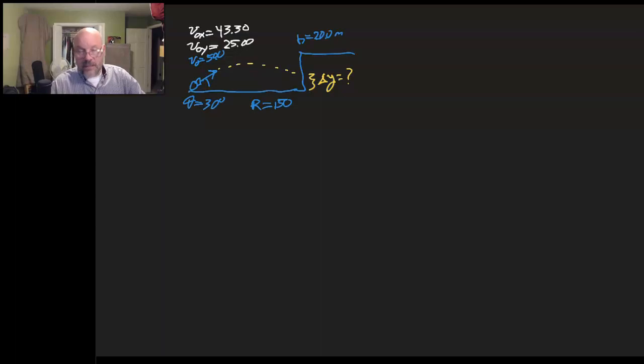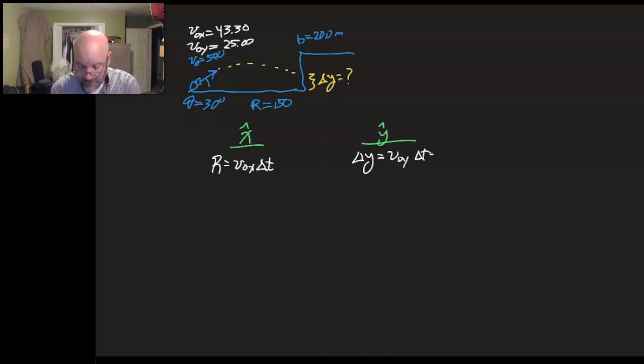Okay, so now let's do what we've done the last couple of times, which is we start out with looking at our x and looking at our y information and just see what we have to work with. So delta x is V naught x delta t, and then over on my vertical, I've got delta y is V naught y delta t minus a half g delta t squared.